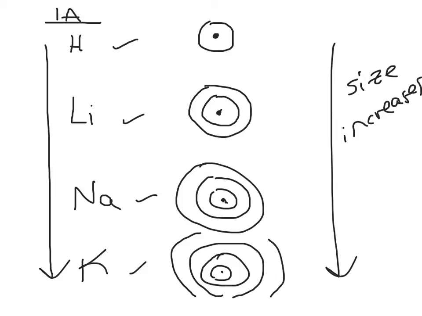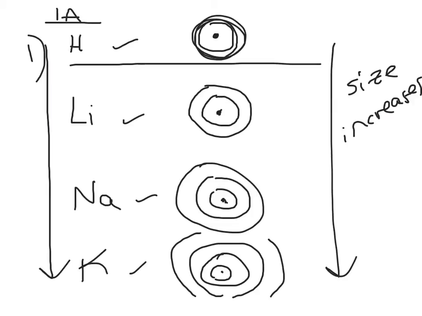Hydrogen is in the first energy level, energy level 1, first period, and so it only has one energy level of an electron around it. Lithium starts energy level 2, or period 2 in the periodic table, and there are 2 energy levels, and so of course lithium is going to be larger than hydrogen.